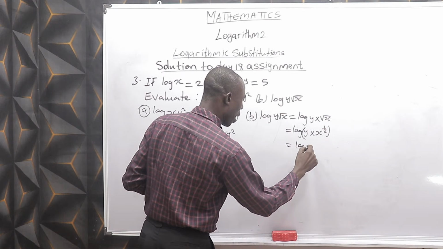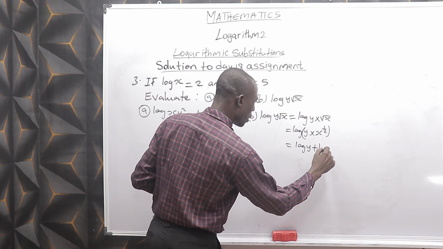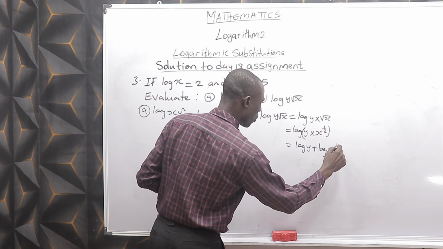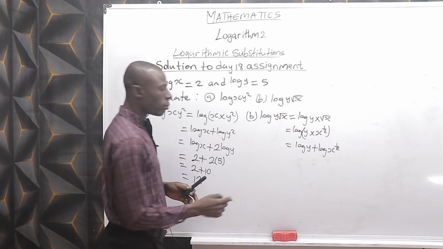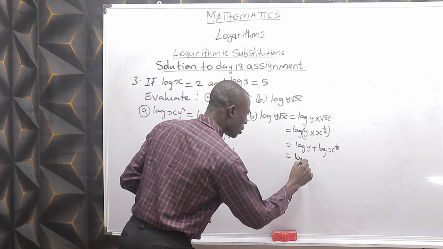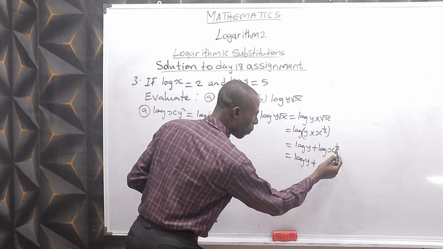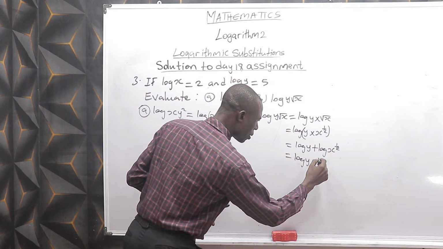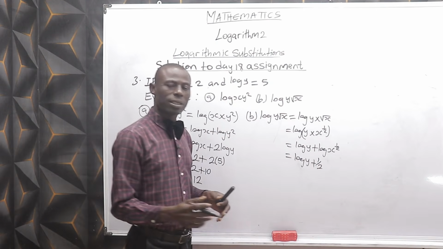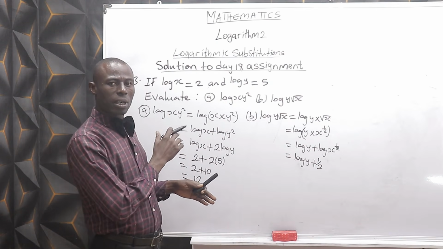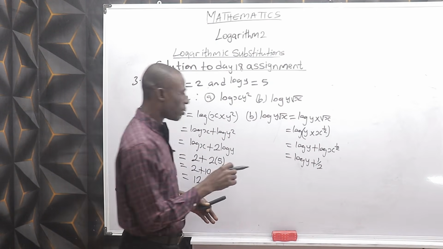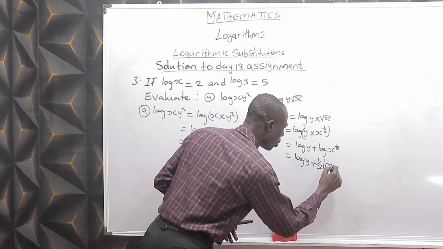That is log y plus log x raised to power half. We write log y plus, apply the common law here. When I say common law, that is the laws you have learned under logarithm 1. They are common laws.